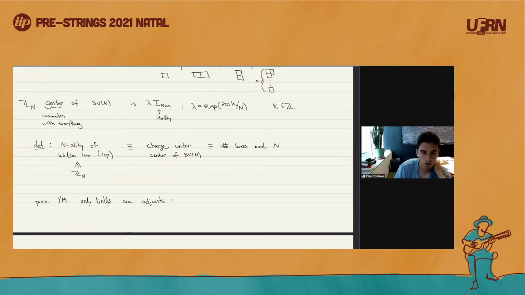And so if we think about our screening discussion, but in a non-abelian way, we would say that screening adds multiples of n boxes, so it can't modify the n-ality.